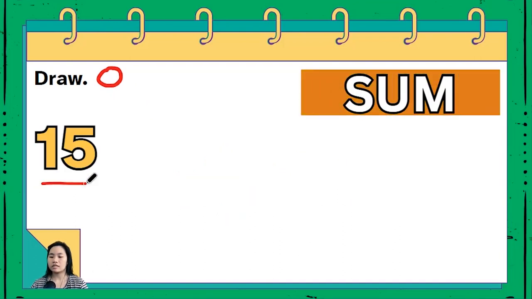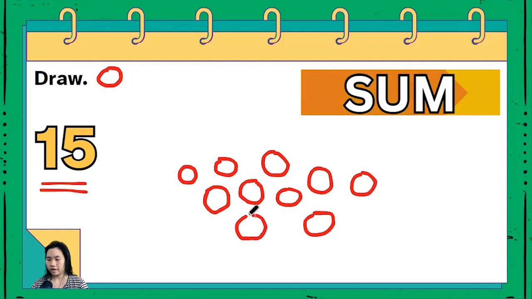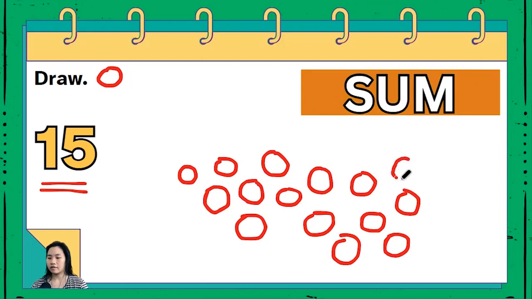Next up, what is this number? How do you say this number? It is 15. 1, 2, 3, 4, 5, 6, 7, 8, 9, 10, almost there, 11, 12, 13, 14, and 15.